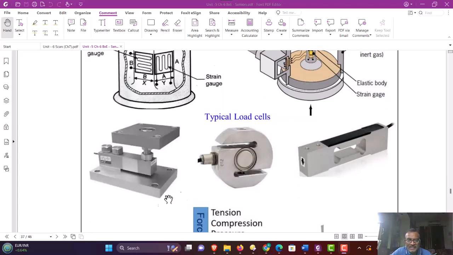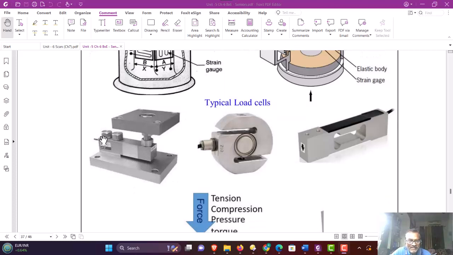From outside, this can look physically like this. That load cell in this first figure, here this horizontal bar is basically a load cell. And the strain gauges are attached to this horizontal bar, one from the top side and another from the bottom side. This is a cantilever type of load cell.